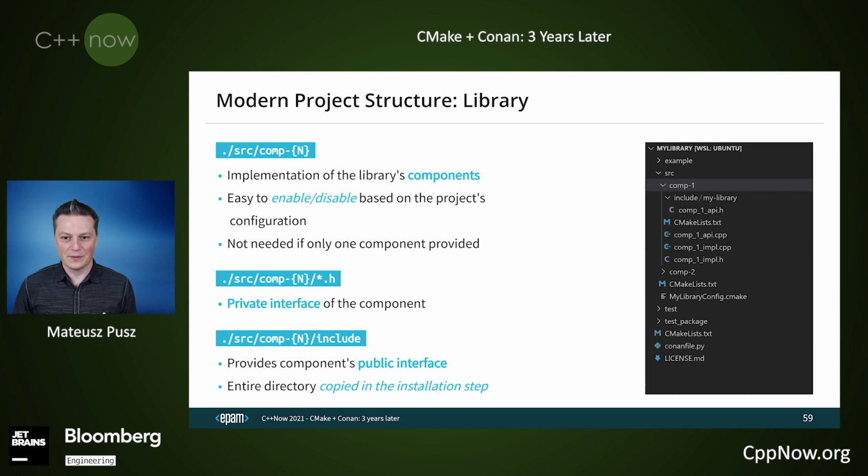This simplifies a lot high-level architecture on how to provide interfaces and not make them confusing. Because at some point when I go as a consultant to some companies, I ask them, is this a public interface? They say, we don't know. We have to check in our installation process if this file is exposed to the user or not. If you don't know if your header file is public or not, then it's a problem, right?